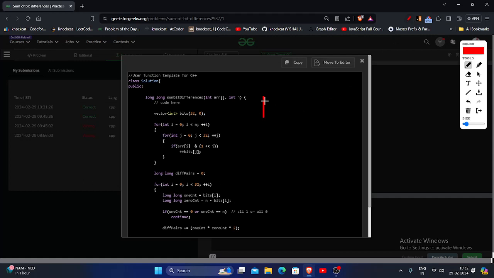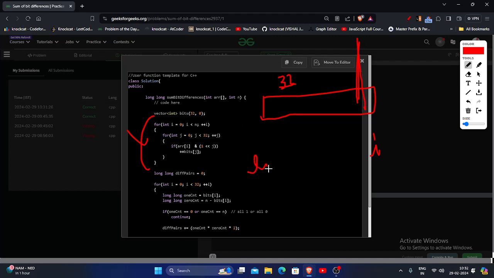Since an integer can be represented in 32 bits, for every number I know the count of ith bit sets, and this logic is very helpful in upcoming problems.